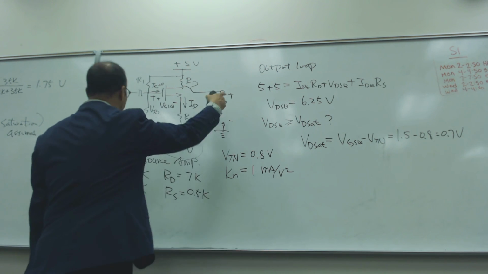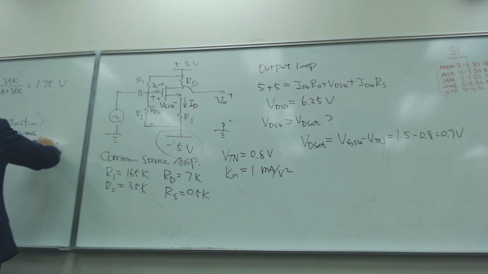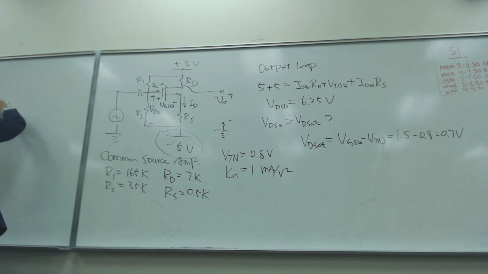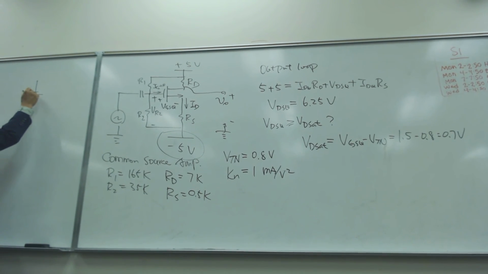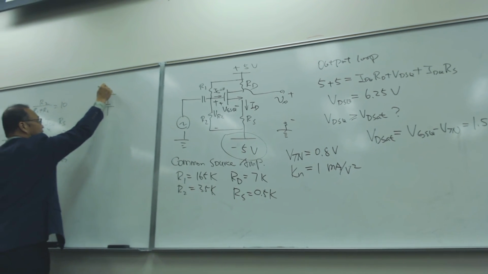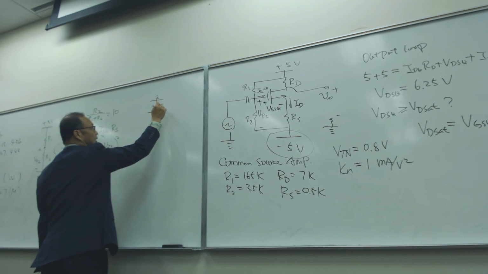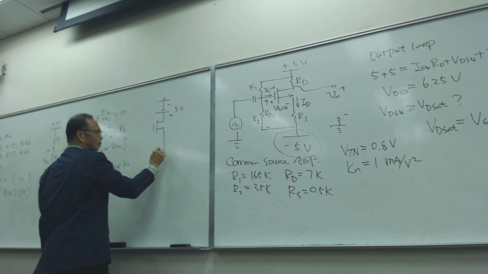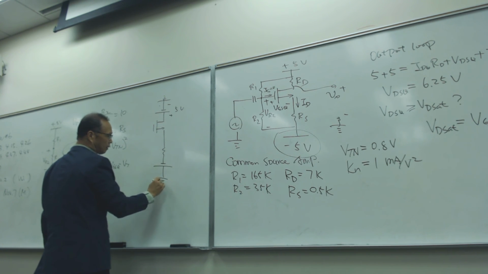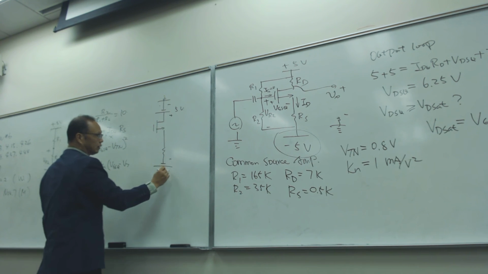Well, I did it kind of quickly, right? What you need to do is go from the top. So this is 5.0, and then you go to the next element.